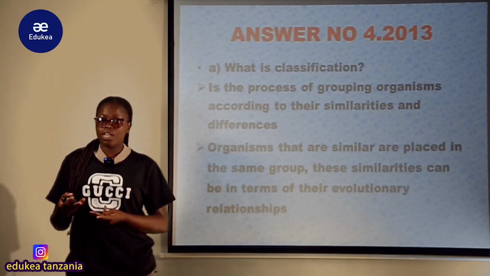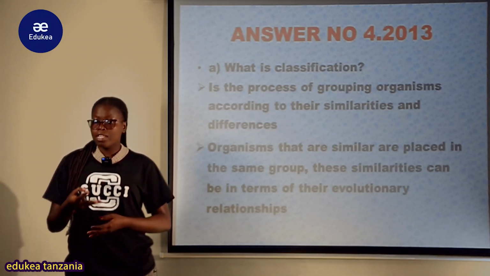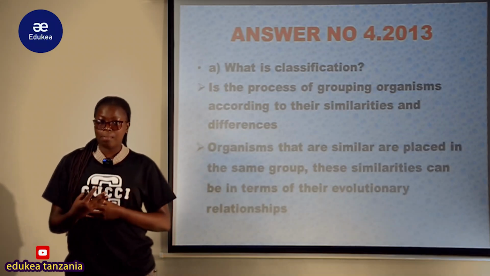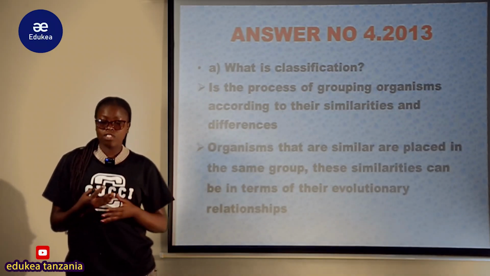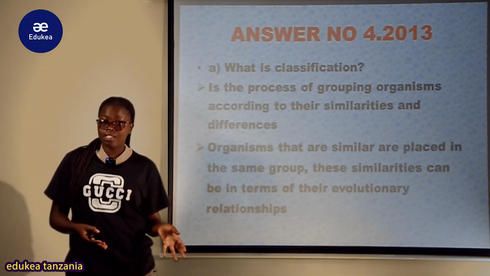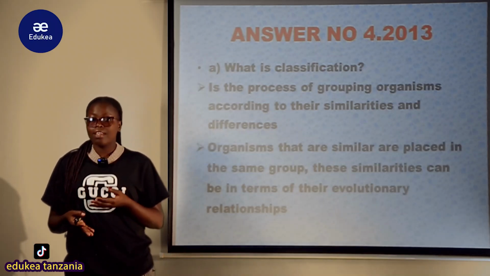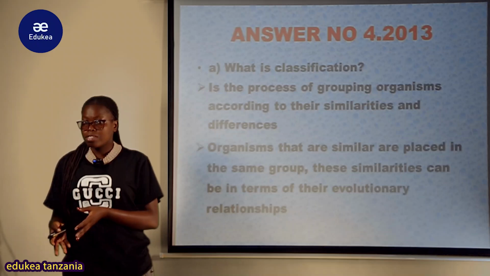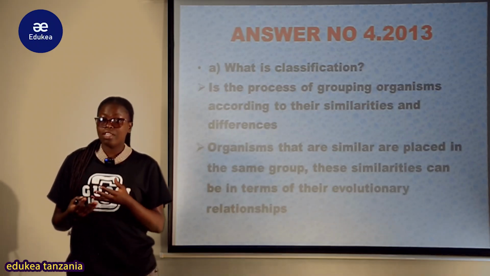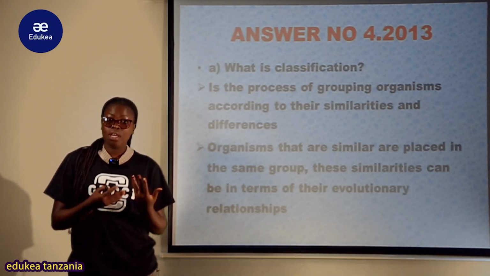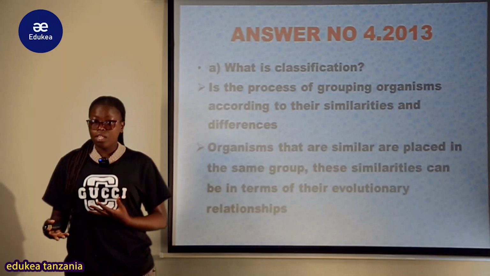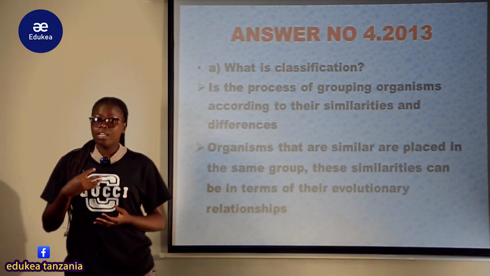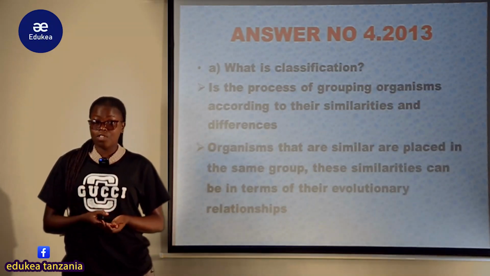Organisms having the same origin, by looking at their internal genetic makeup, are classified in the same group. Also, other characteristics are considered, such as how they perform a variety of chemical processes like respiration, gaseous exchange, nutrition, movement, excretion, and other characteristics of living things.